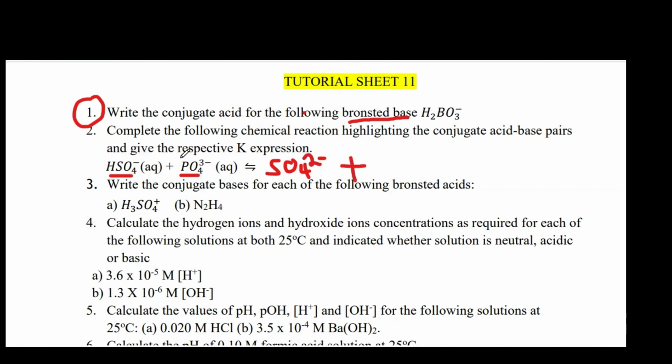Then, plus, this base is receiving H+. If it receives H+, it becomes HPO4, and this H+ has come with its positive charge, remember? So we have 3 minus plus that 1, which becomes 2 minus.